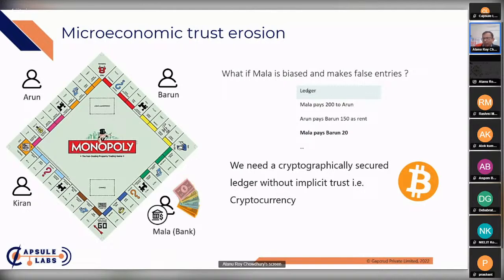So it is immutable and it has implicit trust. We will come back to that word in a little bit, right? This is what we call a cryptocurrency. This ledger, which is cryptographically secured, is the cryptocurrency. It just so happens that Bitcoin is the first implementation of a cryptocurrency that addresses trust directly, right?